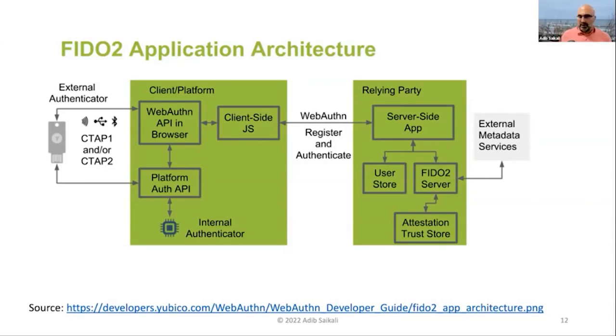The other one is authenticating. And so you'll see here the Web Authentication API in the browser is going to, when your application calls it, call the platform authentication API, like your macOS, your Windows Hello, whatever it is. And that is then in turn going to talk to any one of these external hardware authenticators, the cross-platform ones, using this CTAP protocol.